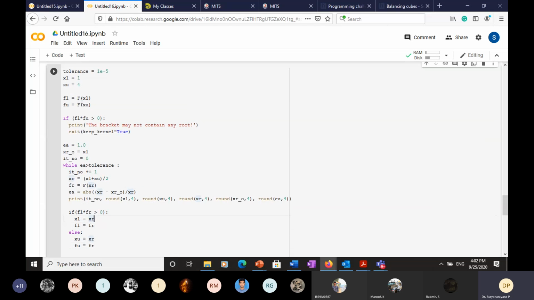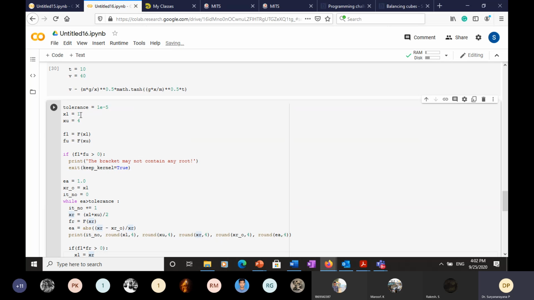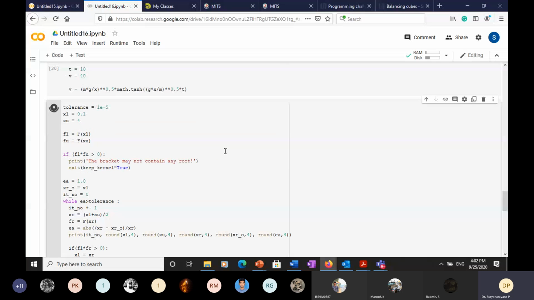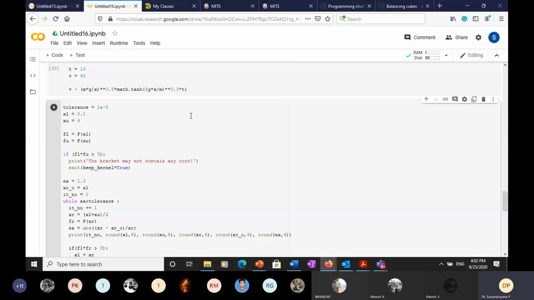Okay, this program is the same. But now when I say function, instead of getting the polynomial value, it is getting this bungee jumper problem. So accordingly, I'll change this to be 0.1 because that one has the root. Okay, that's all. Now this will solve the bungee jumper problem. It did not.